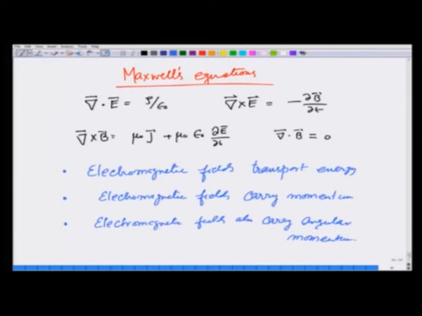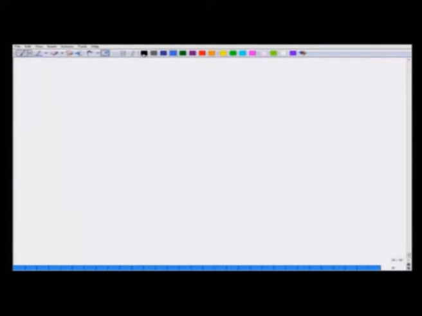So, for this, let us consider an enclosed volume V with surface S. I will need both these, so I am specifying these. On the surface, there is this unit vector n at each point, and inside this is charge density rho, and there are currents.